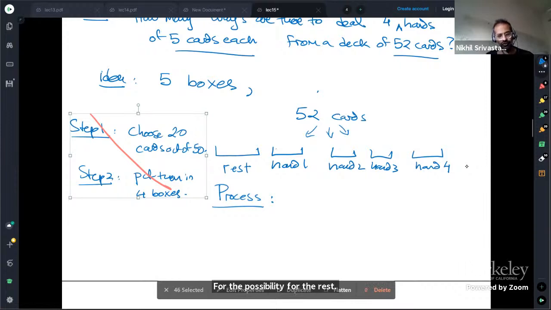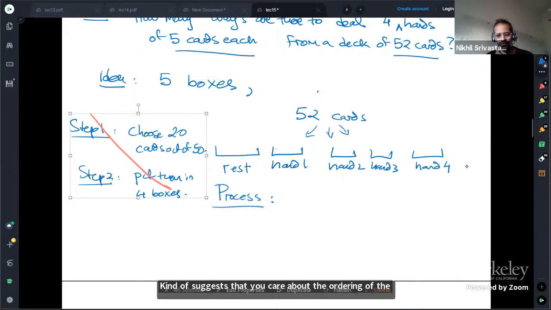Okay, so you could actually choose the rest first, but saying 32 factorial suggests that you care about the ordering of the rest.